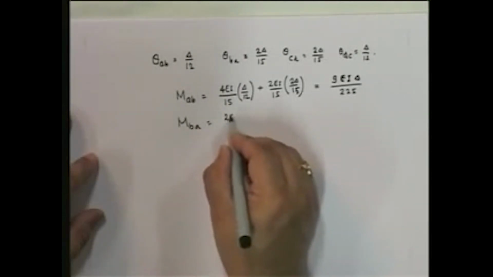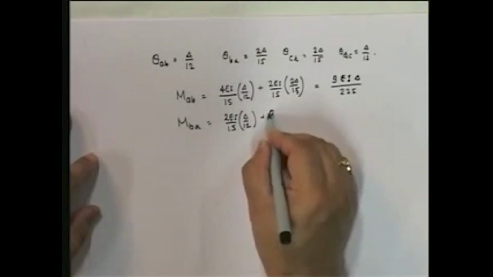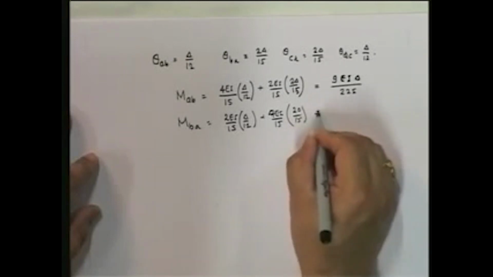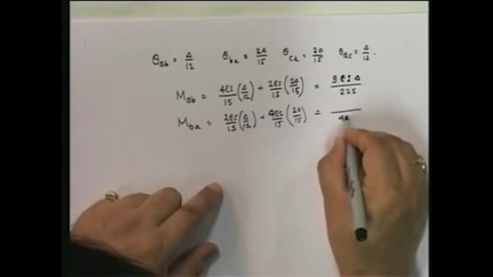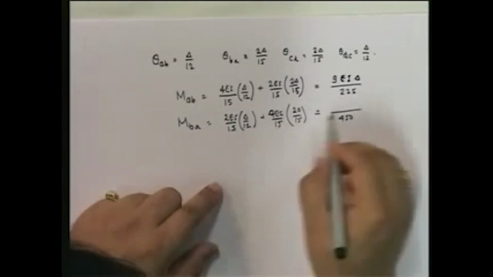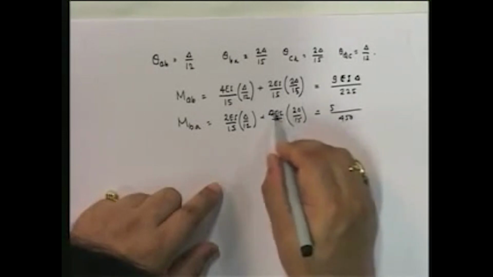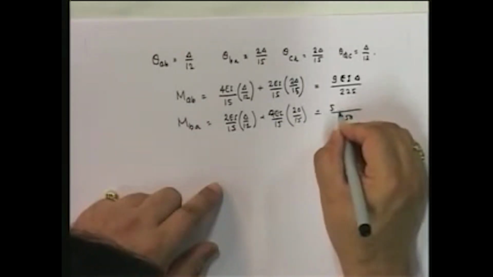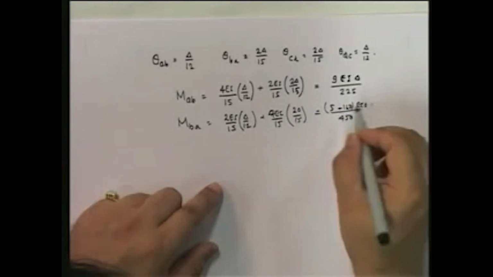MBA is equal to 2 EI by 15 into delta by 12 plus 4 EI upon 15 into 2 delta by 15. So this is going to be 5 into plus 160 EI delta.